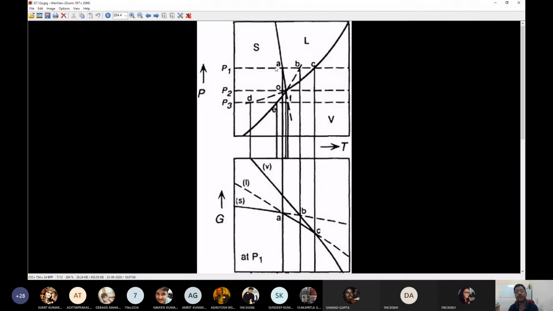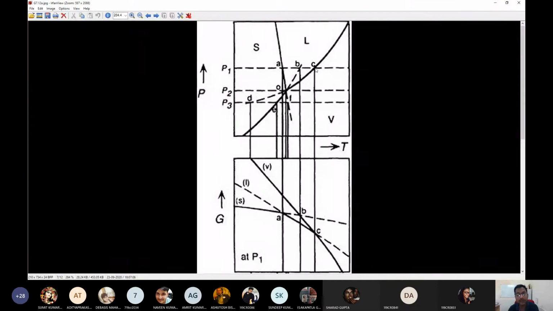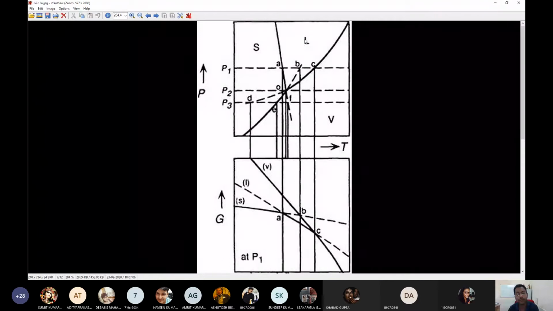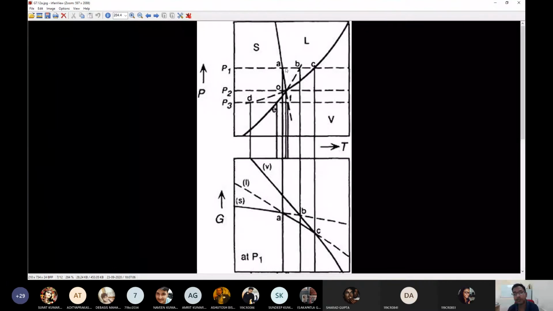And the molar free energy of the liquid phase is going to be minimum from A to C. Okay, that means the molar free energy of the liquid phase is going to be lower than the molar free energy of the solid phase and the molar free energy of the vapor phase. Since the molar free energy of the liquid phase is the minimum, that's why this region is the primary phase field of the liquid phase.